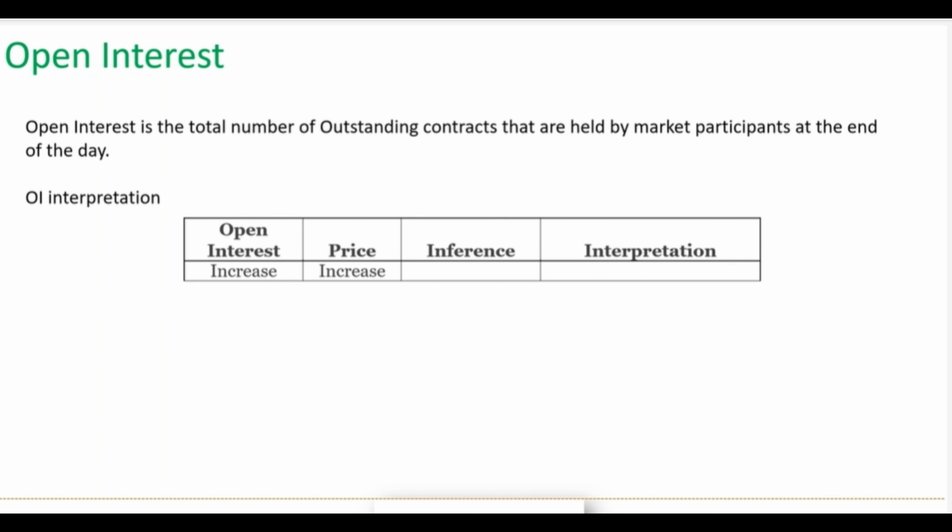Are more long positions getting created or short positions? They are buying, right? It cannot be selling because if it's selling, prices would have gone down. Price is going up, and the number of positions is also going up, which means this is called, in derivative data terms, long buildup, which means long positions are getting created. We will look at the interpretation at the end of it.